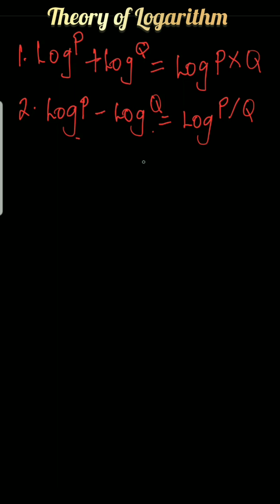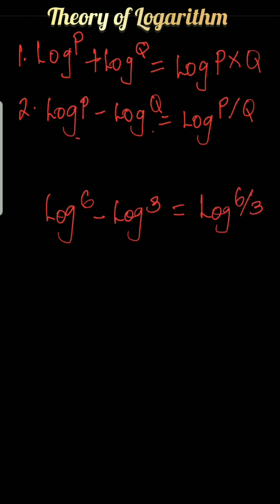And so the logarithms are the same. And so the second law here makes provision for subtractions of logarithms in the same base, provided the coefficient is 1. For example, log 6 minus log 3 can be expressed as log 6 divided by 3.